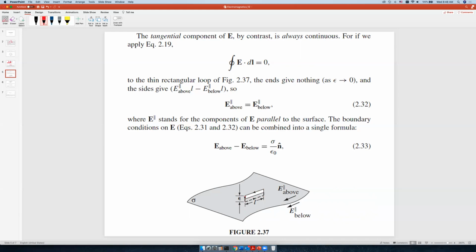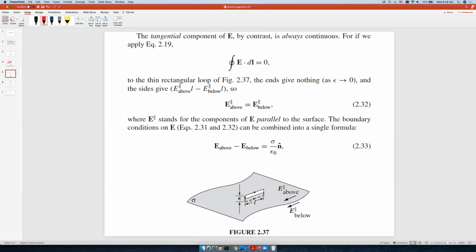First, the ends of the rectangular loop give nothing, and the side gives E above parallel times L, which is here on the above side of the rectangle.